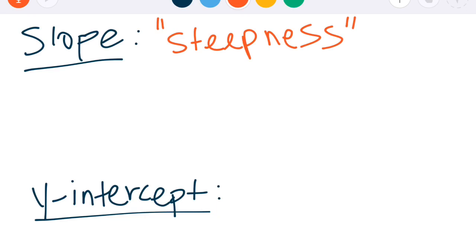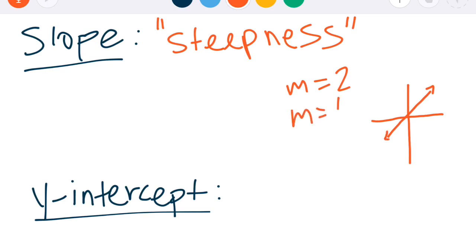So for example, if you have a line that has a slope of 2, if I do a rough little sketch over here, a line that has a slope of 2 is going to look, I don't know, something like that, whereas a line that has a slope of, let's say, 1/4, that slope is going to be much more flat, much less steep. So the slope is going to affect what our U-shaped parabolas look like, whether it's going to be steeper or it's going to be more spread out.